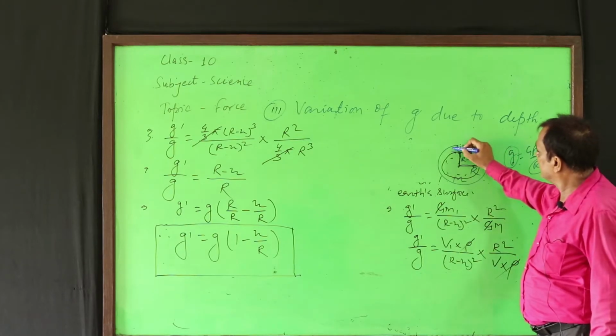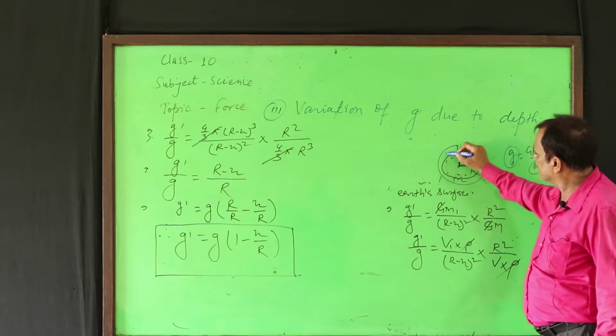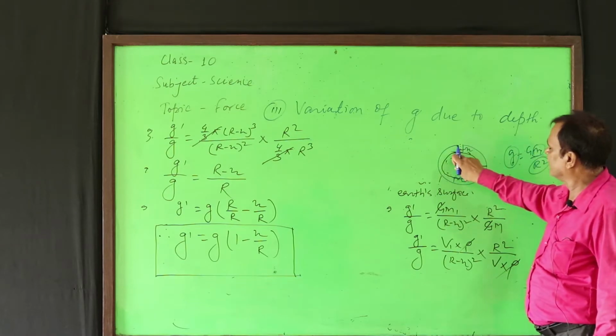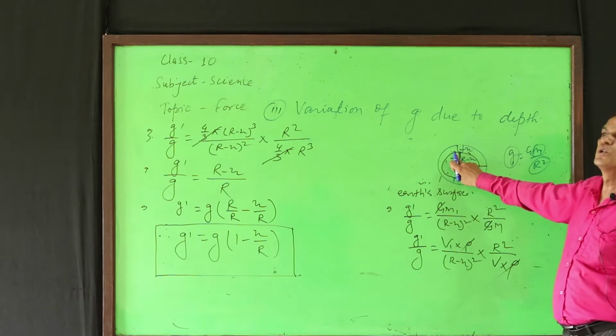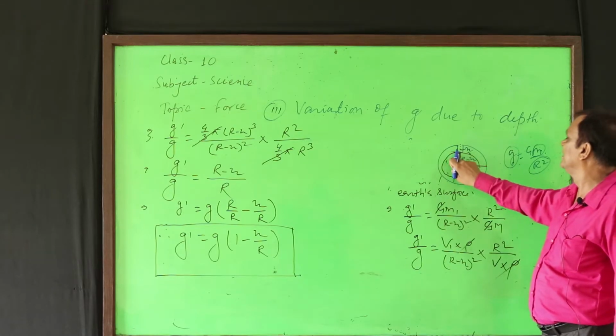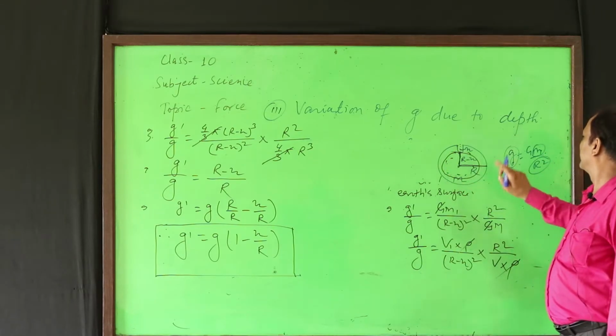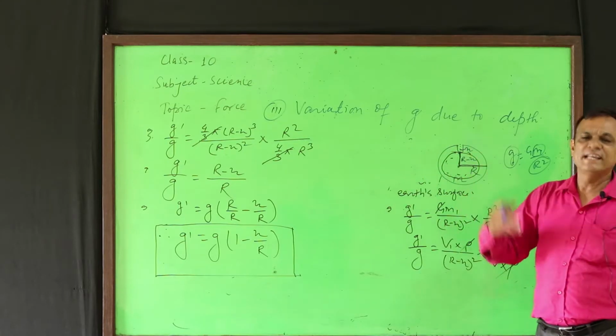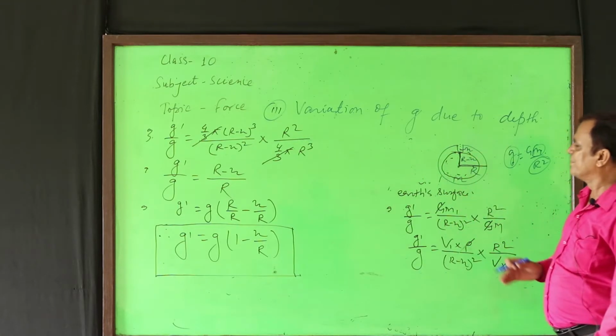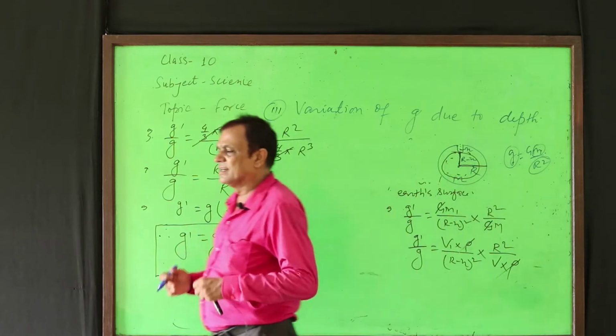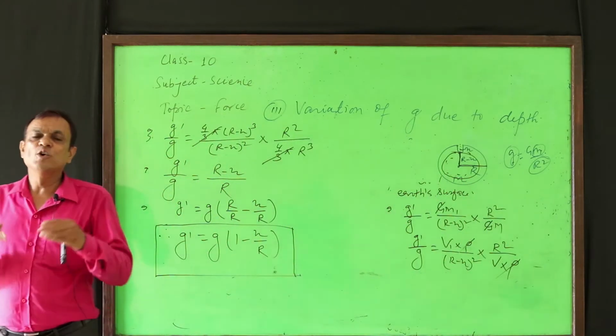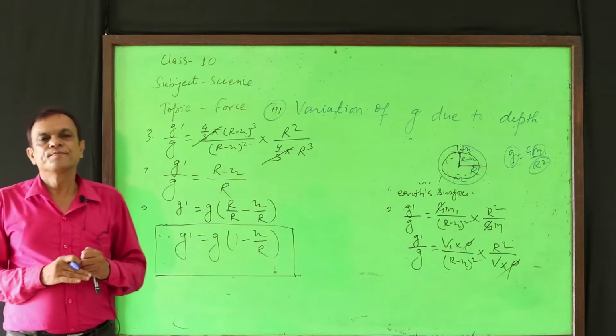So here not the complete mass of the earth affects the acceleration due to gravity. So due to less mass of the earth here, the acceleration due to gravity becomes less. It means if we go inside the earth's surface, the value of small g decreases.